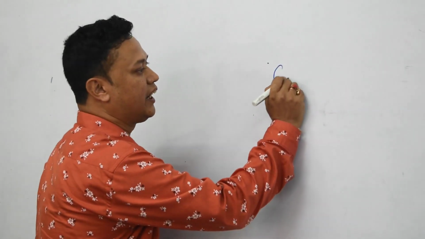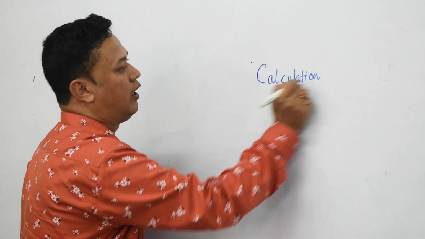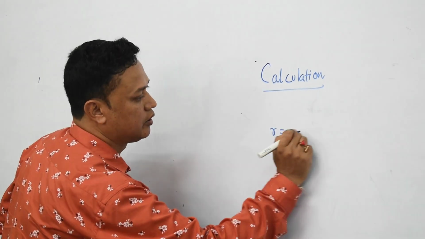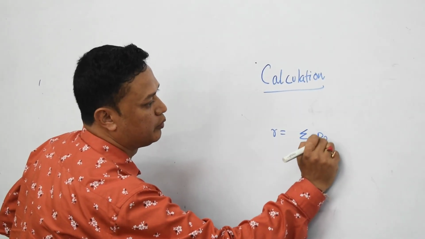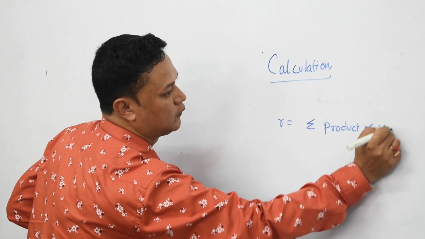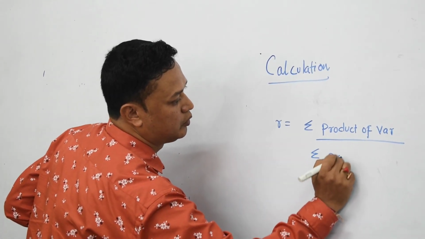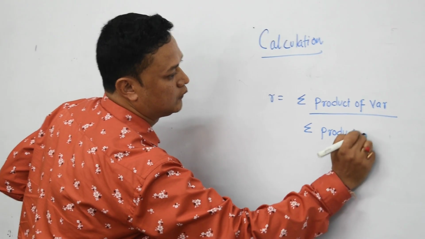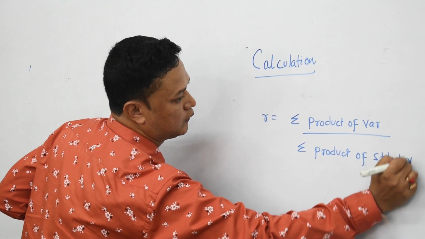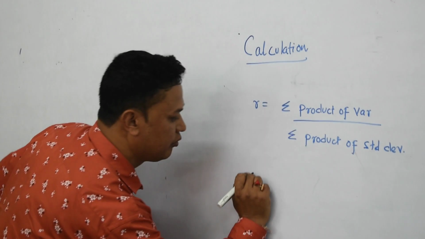Now let us see the calculation portion of the R value. R value is given as the summation of the product of deviations divided by the product of standard deviations.